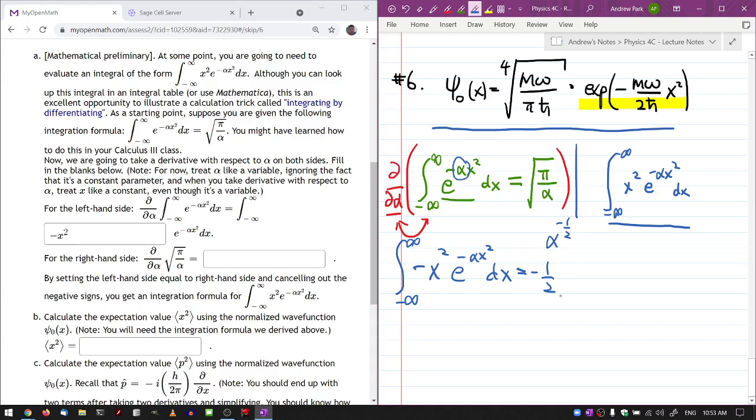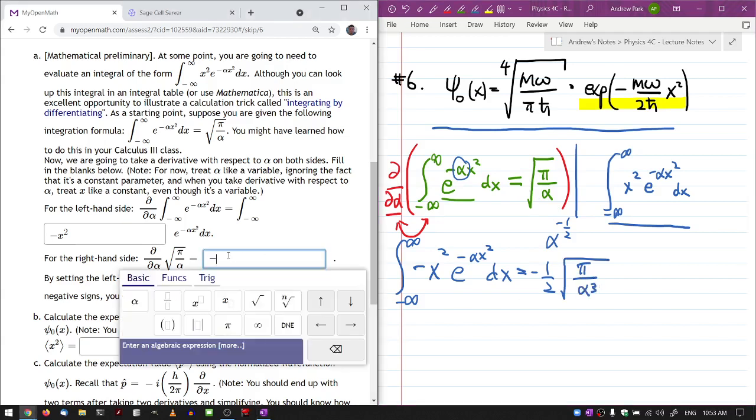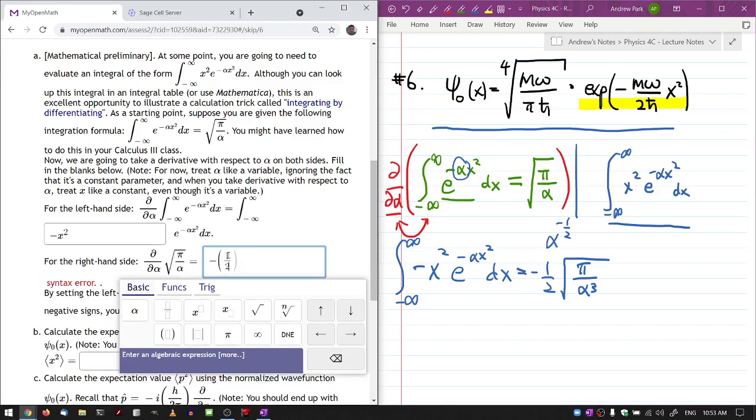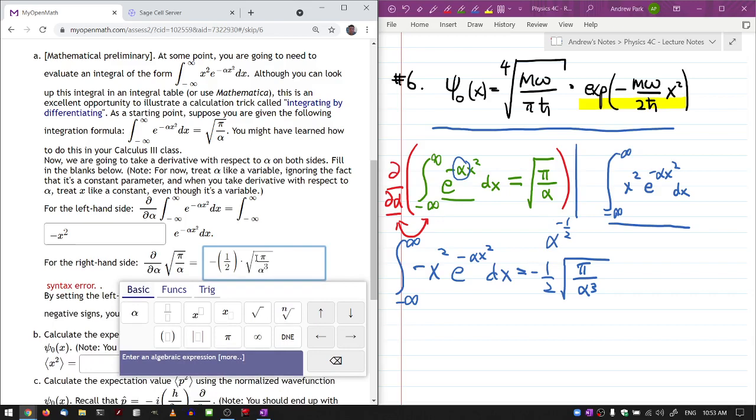Let me write it so that it's all under the square root. So it's going to be pi over alpha to the third power. That's going to look this way: minus 1/2 times the square root of pi over alpha to the third power.